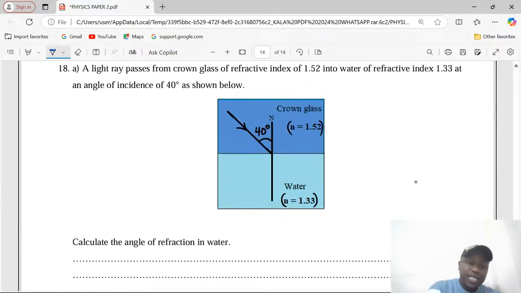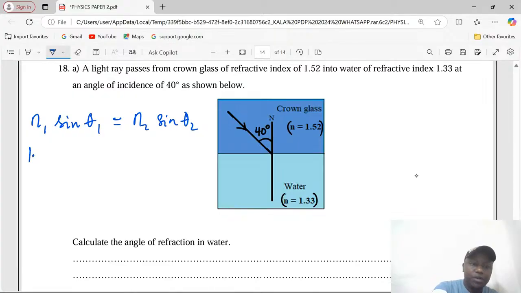According to Snell's law, the first refractive index multiplied by the sine of the first angle equals the second multiplied by the sine of theta 2. So 1.52 times sine 40 equals, in the other medium, 1.33 times the sine of the unknown angle.